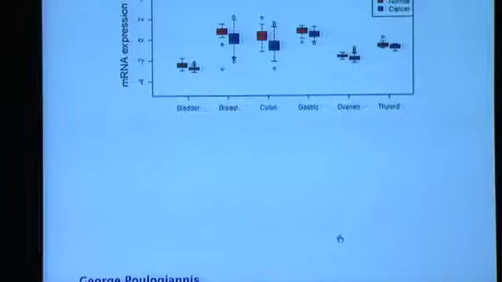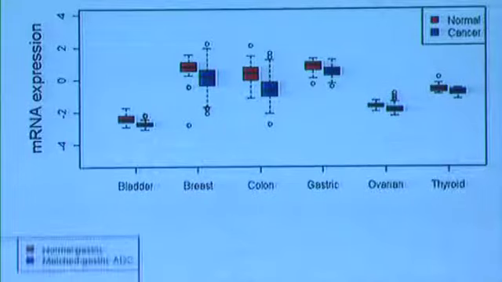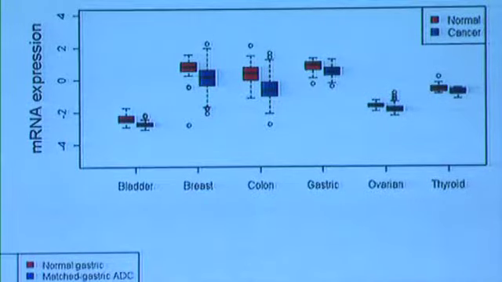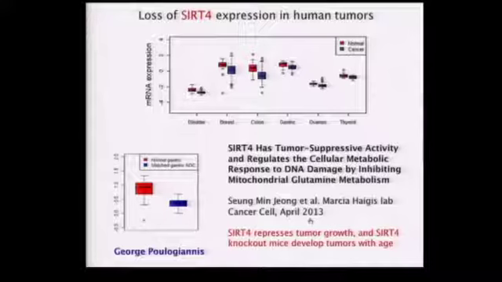Importantly, also, George Poulogiannis from Lewis Cantley's lab did some bioinformatic analysis for us, and he finds that in many cancers, SIRT4 levels are in fact down, and this is a matched tumor, normal, and matched gastric tumor, and we see also SIRT4 levels are down. And importantly, Raul Mostoslavsky's lab has provided a lot of evidence to suggest, with mouse models, that SIRT4, in fact, is a tumor suppressor.